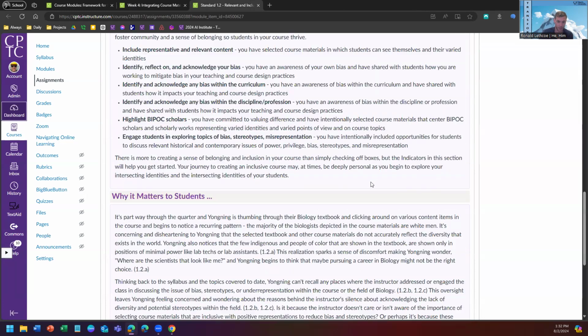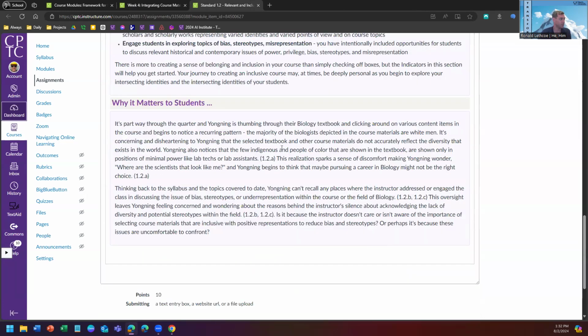If you look down here, this is from Yongning's perspective: is it because the instructor doesn't care or isn't aware? So this could be what students are thinking about you: oh, I'm seeing a bunch of old white men in the sciences. Maybe this isn't for me. And then they have to rethink if it's a career that's going to work for them.